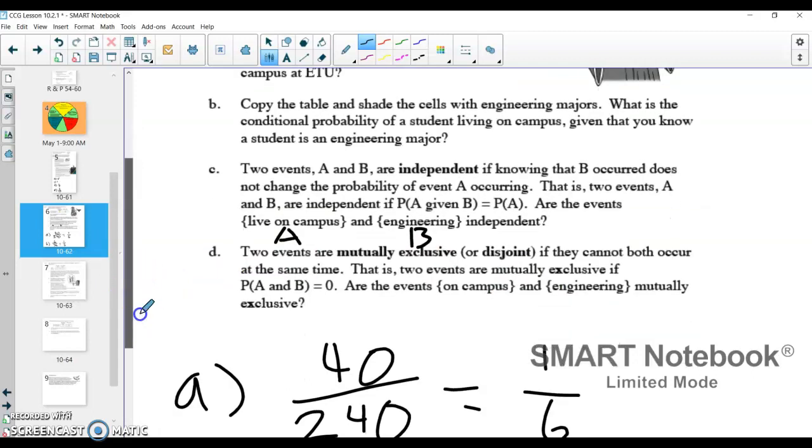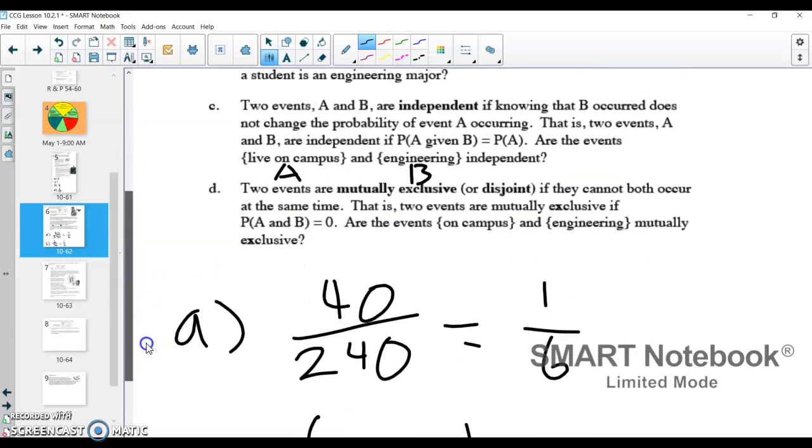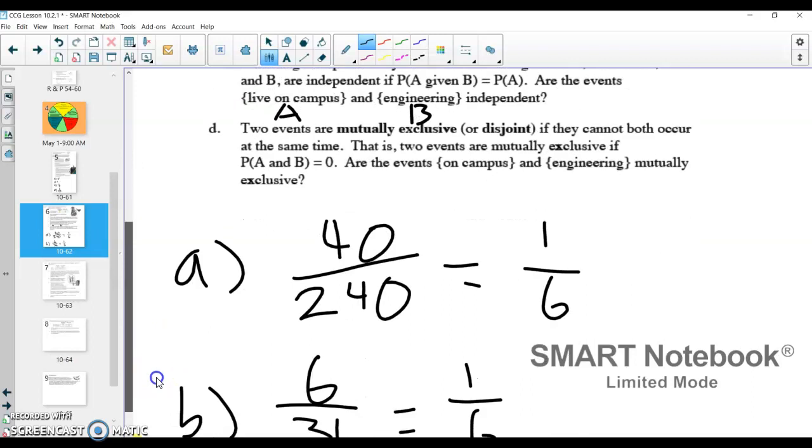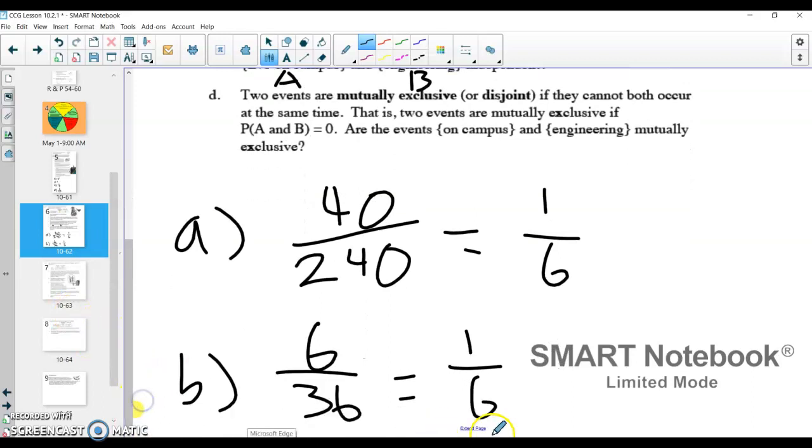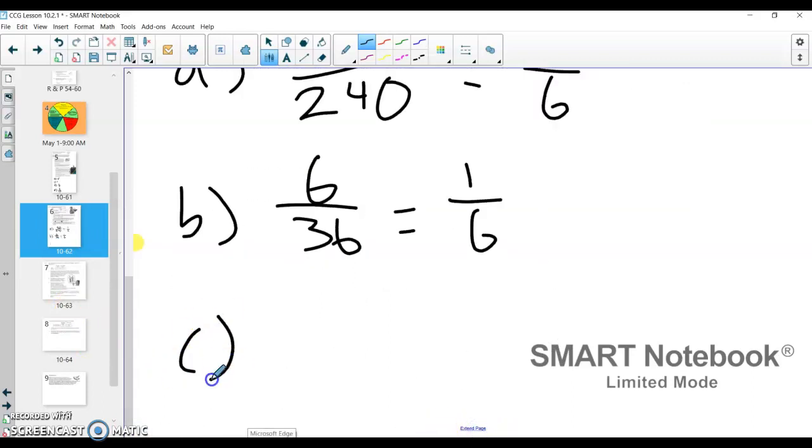Well, we know that the probability of just living on campus, so P of A, the probability of A happening, representing that they live on campus, is 1/6.